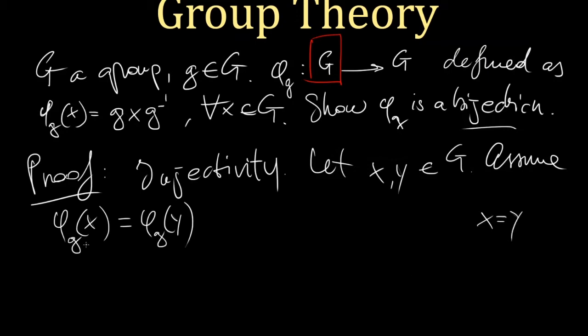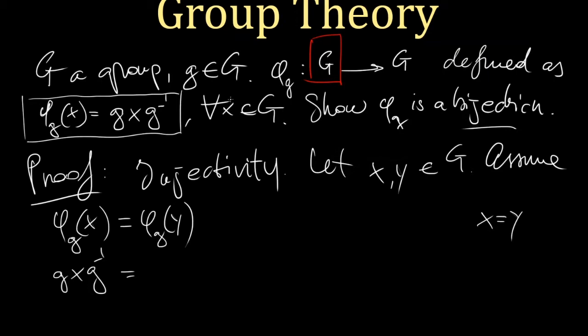So let's see how this works. What is little phi of g of x? It's defined right here. So this is g x g inverse, and since this works for all the elements of the domain, this is going to be equal to g y g inverse.